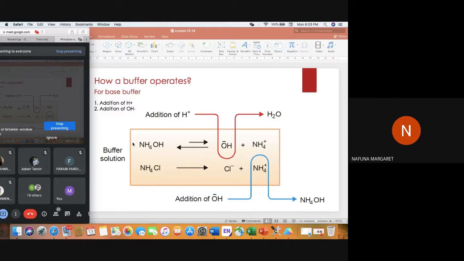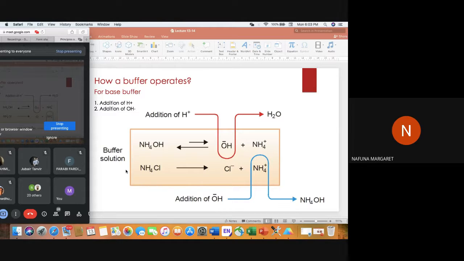The ammonium chloride is not a base, it is a salt, a strong salt of this base. So it will dissociate completely, forming the ions.